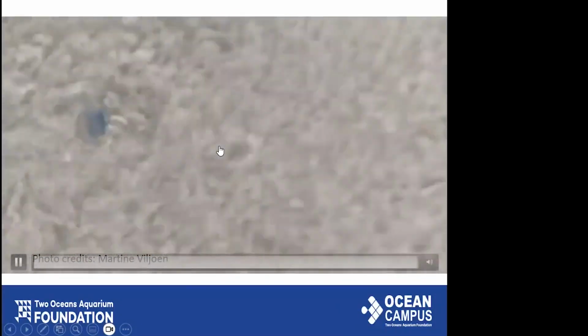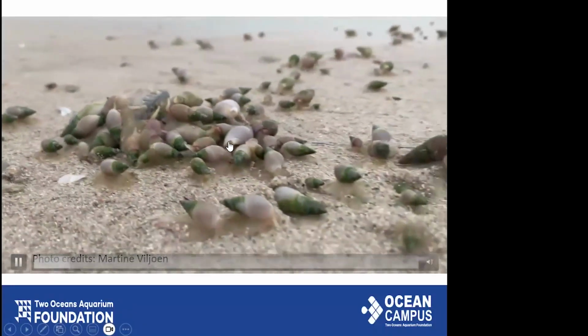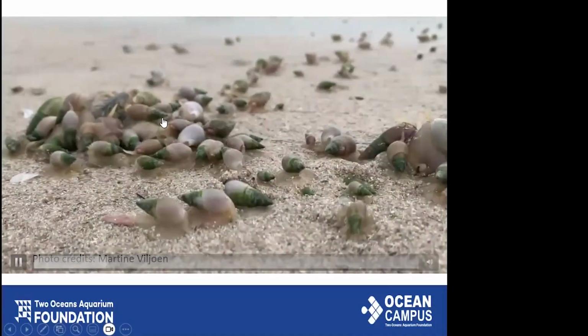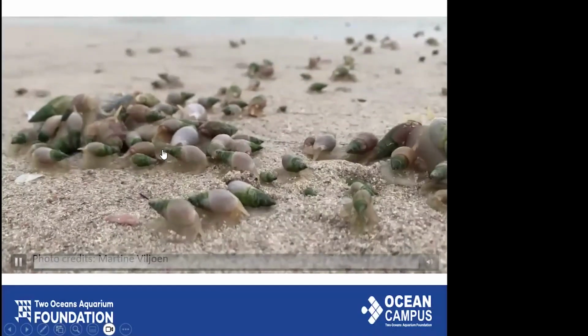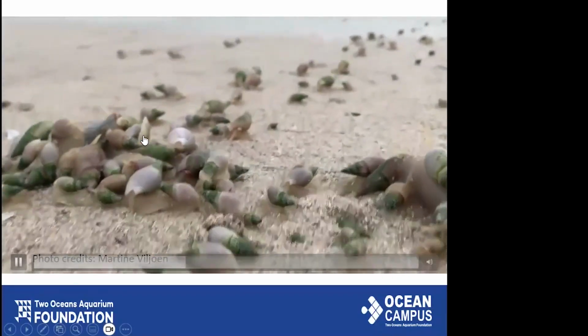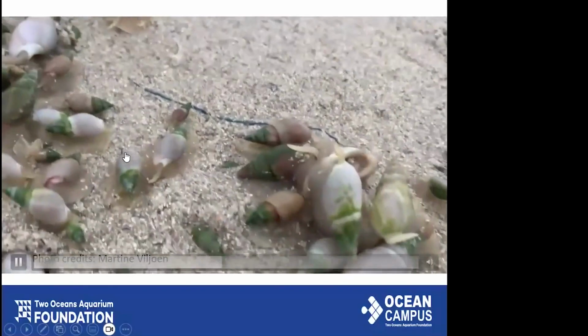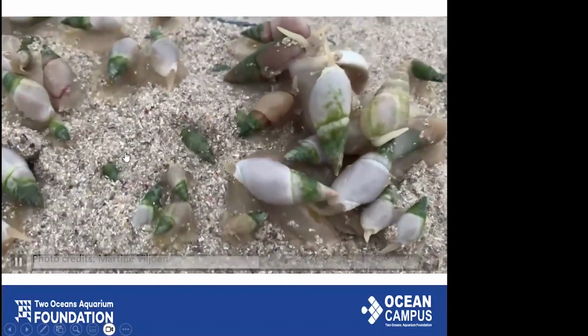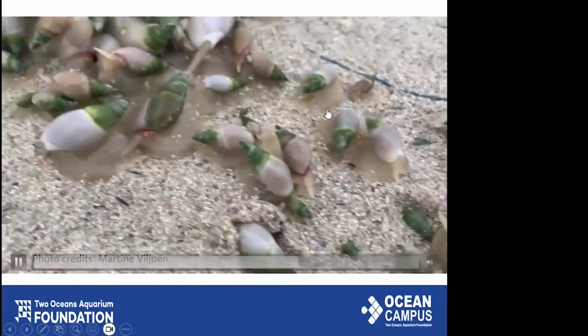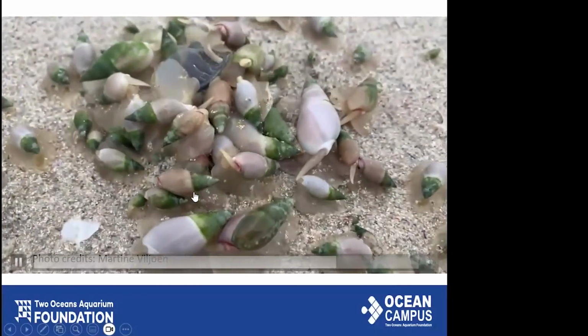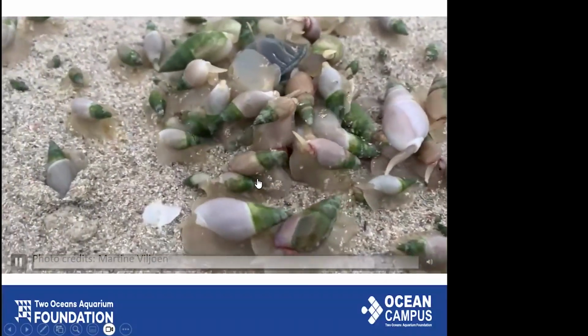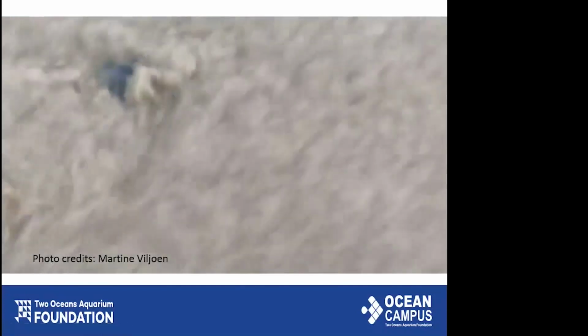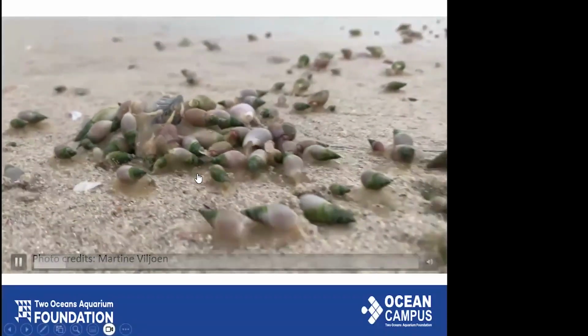Because they are not guaranteed food every time, they get to the food as quickly as possible and latch on, so that when the waves come in, as you saw in the video, they are still attached to their food. So they don't lose out on that.